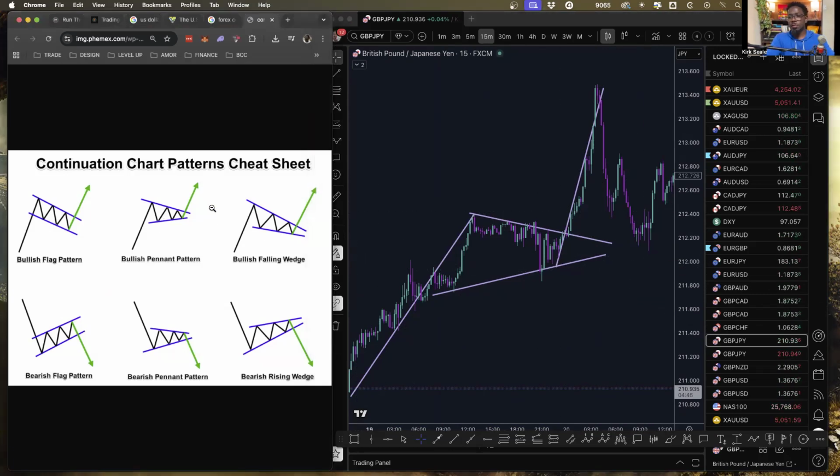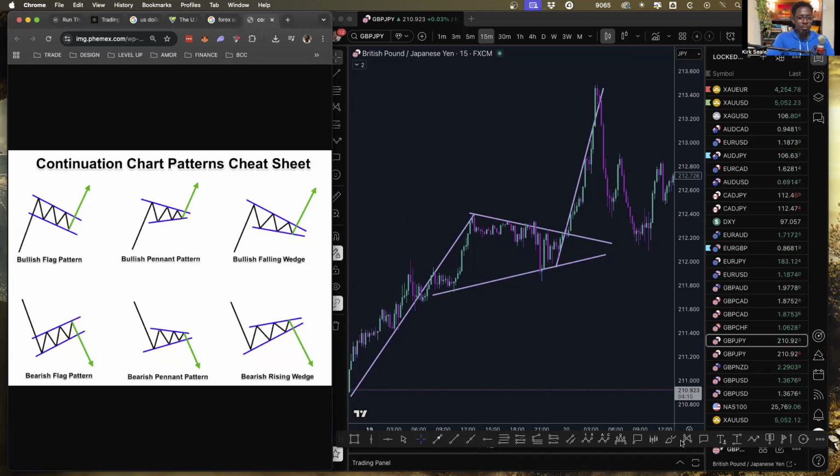All right. So remember, take a look at the cheat sheet. The wedge, the arrow, the triangle shape of it is going to be pointing down a lot more, right? The wedge is a lot like the flag in that sense that it tries to point down. The pennant goes more across. But I want you to look at the shape right here.